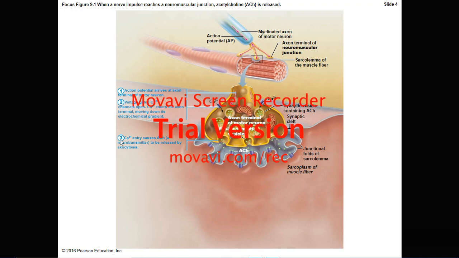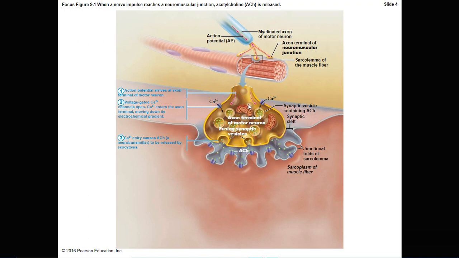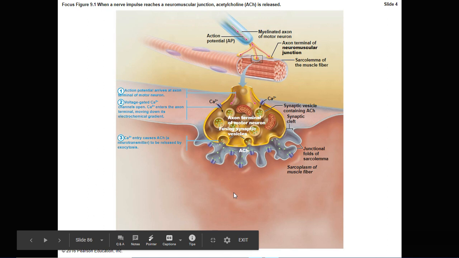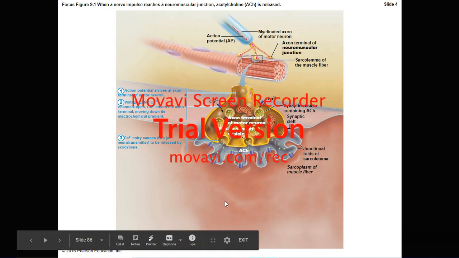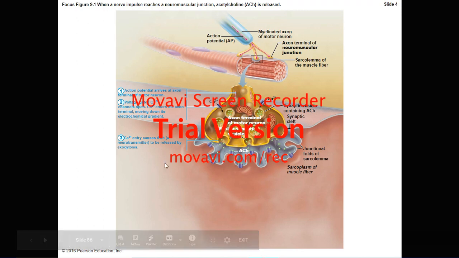So the writing just explains what the calcium is doing in the axon terminal. Okay, we're not talking about the calcium yet in the muscle fiber that's going to be released from the sarcoplasmic reticulum. Okay, this is talking about what the calcium is doing in the axon terminal.